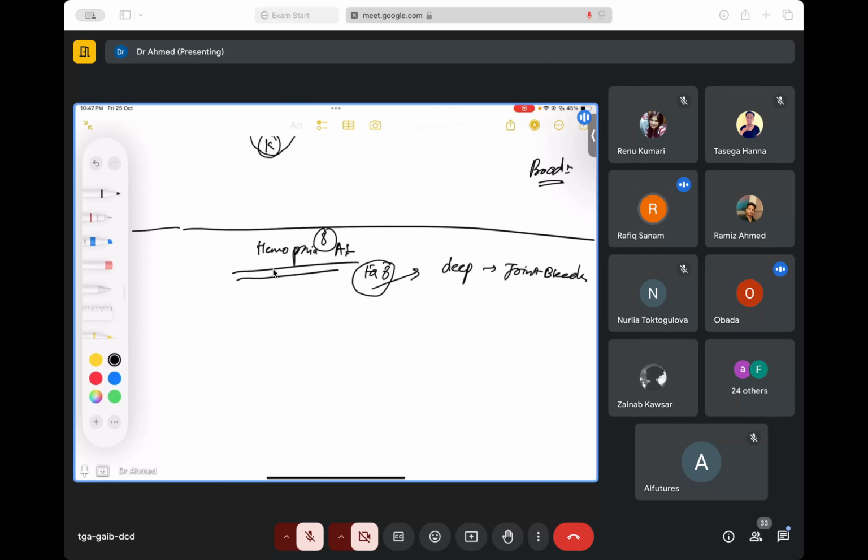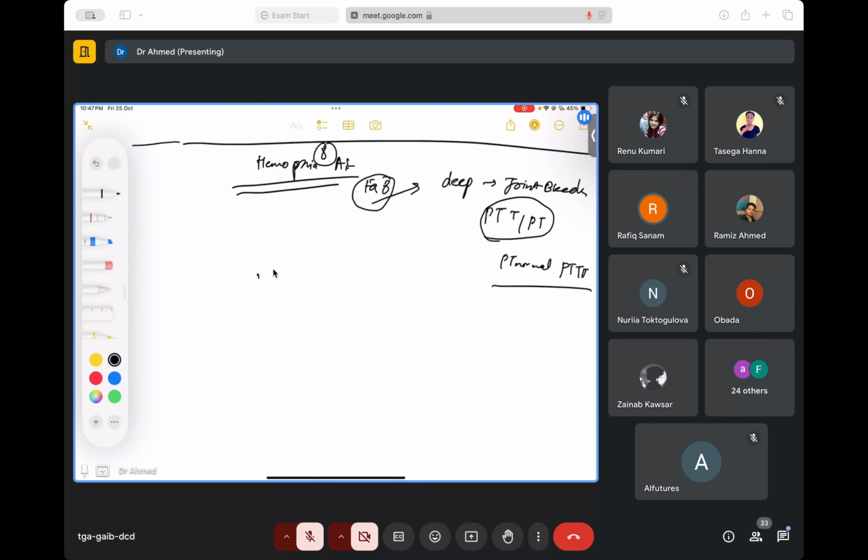Can you tell me what happens to the level of PTT and PT? PT is normal, APTT is increased. We are also going to discuss the stepwise pathway, intrinsic against extrinsic pathway.